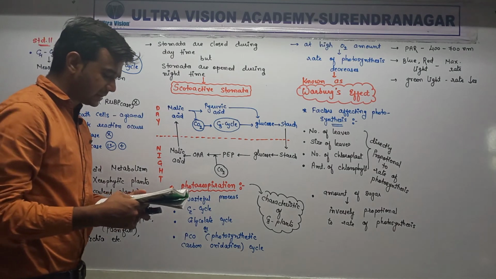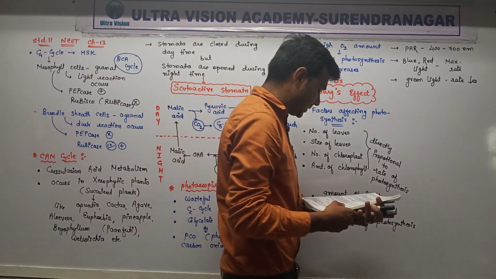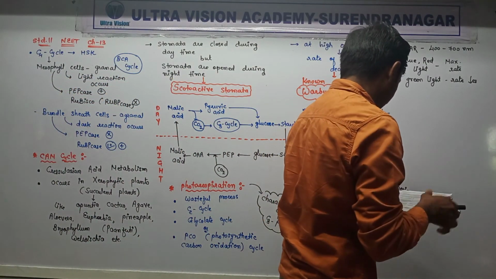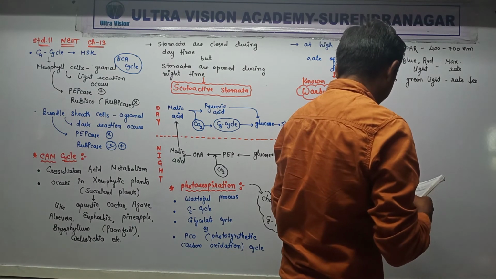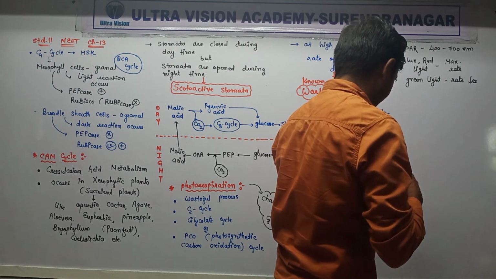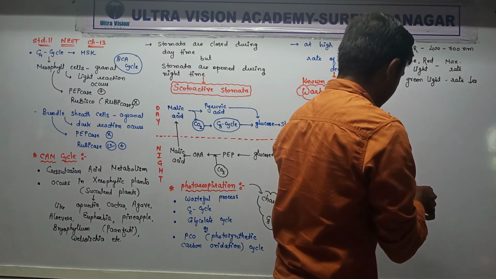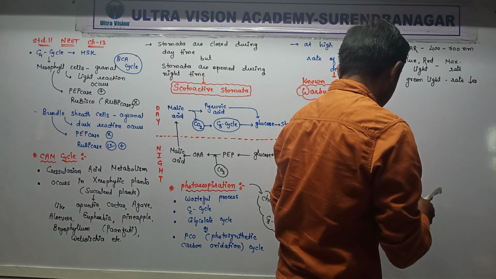So CO2 is the limiting factor in the C3 plants. Now the temperature.